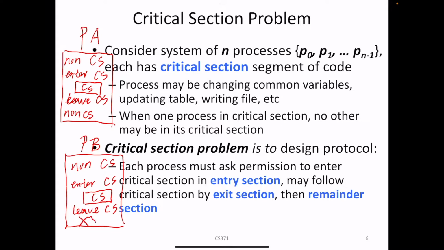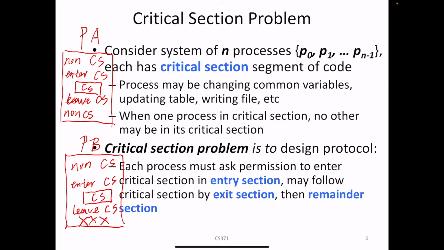After that, maybe we have some other non-critical sections. The critical sections of A and B may not be the same; they may have totally different instructions. But both want to access and manipulate the shared data.